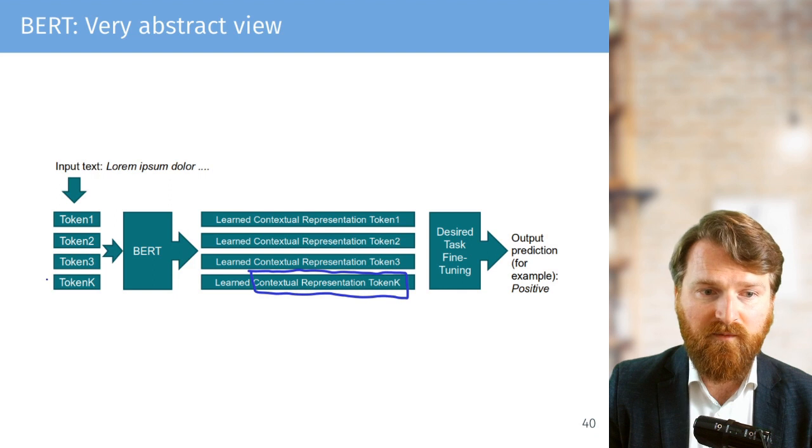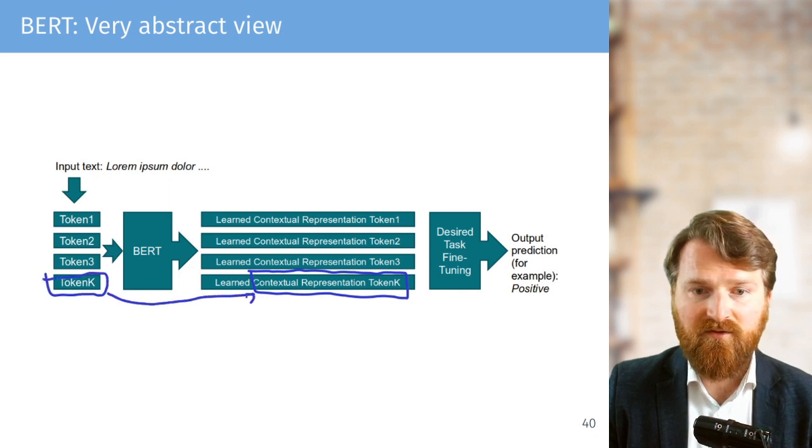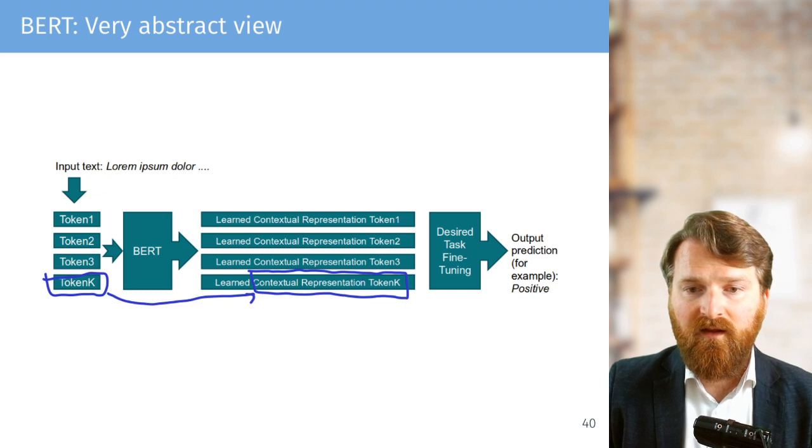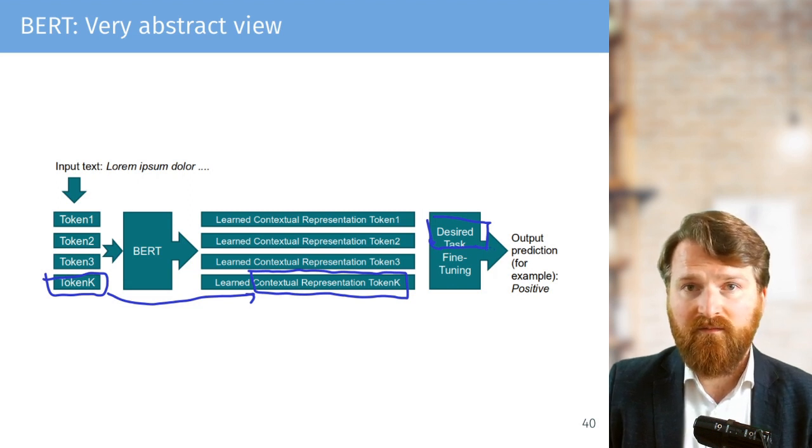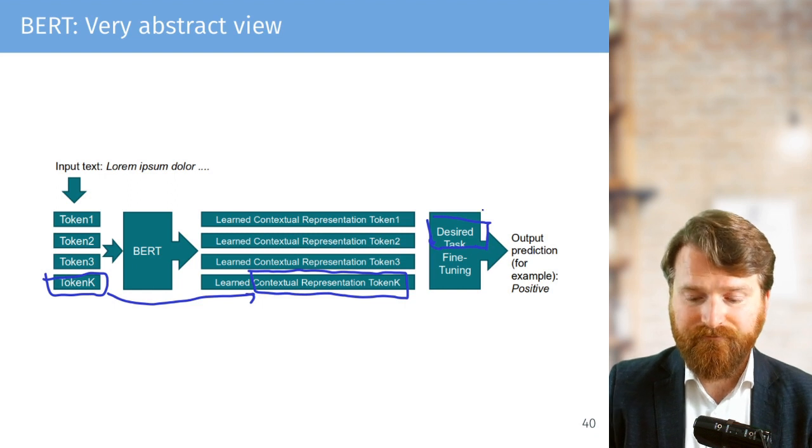So each token, as we have here, will be given a contextual representation. And then we have some task which we want to do, for example, natural language inference, sentiment analysis, part of speech tagging, and so on. And we want to solve this task.